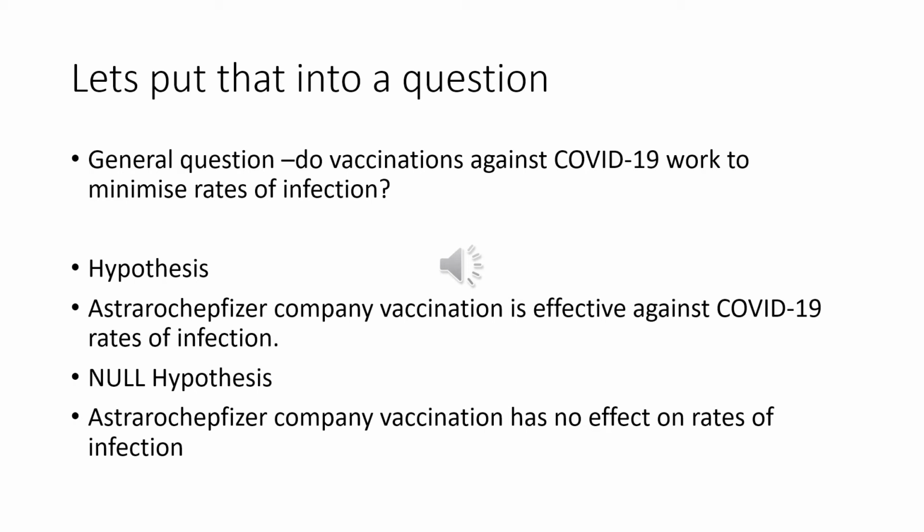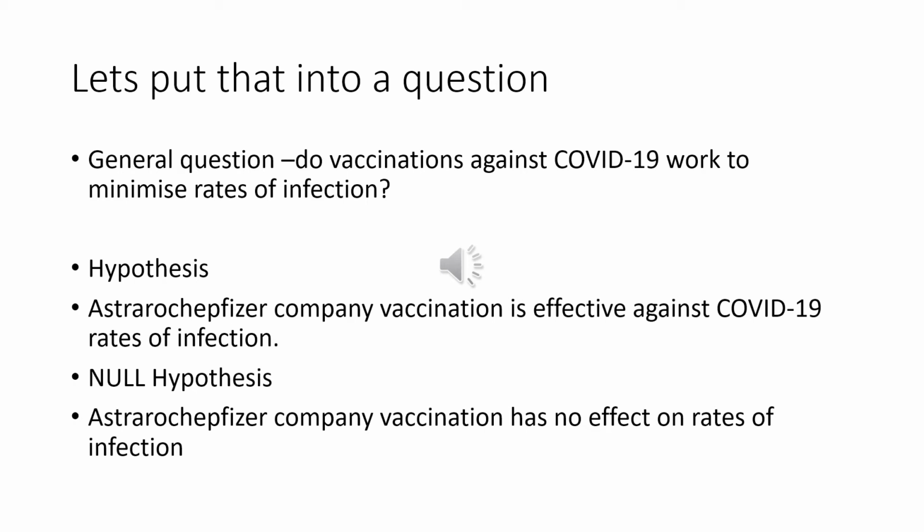We need a thing to test. So our hypothesis, our question that we set for the research, is this: I've just made this company up, so Astra Ross Pfizer company vaccination is effective against COVID-19 rates of infection. That's the stance that we're going to try and look at.